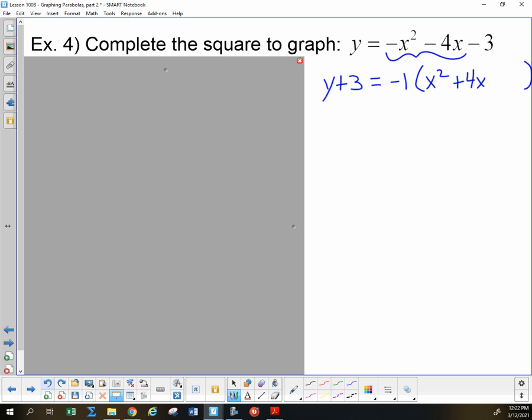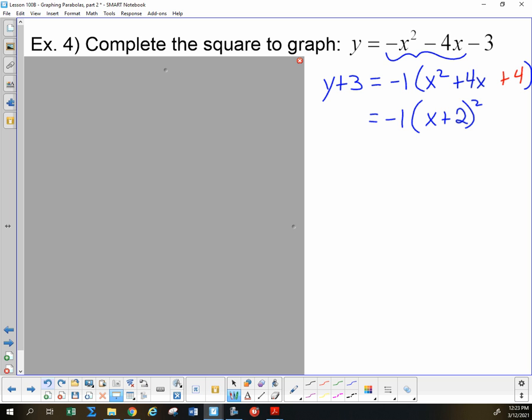So on my next line, I keep the minus 1 out in front, and then I take half of what is now a plus 4, so I have a plus 2, and square that. If I take x plus 2 times x plus 2 and FOIL it, I get x squared plus 4x plus 4 that I need to write inside my parentheses.